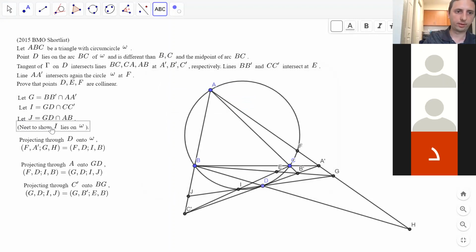So this is the key step right here. But once we do that, so is this E?